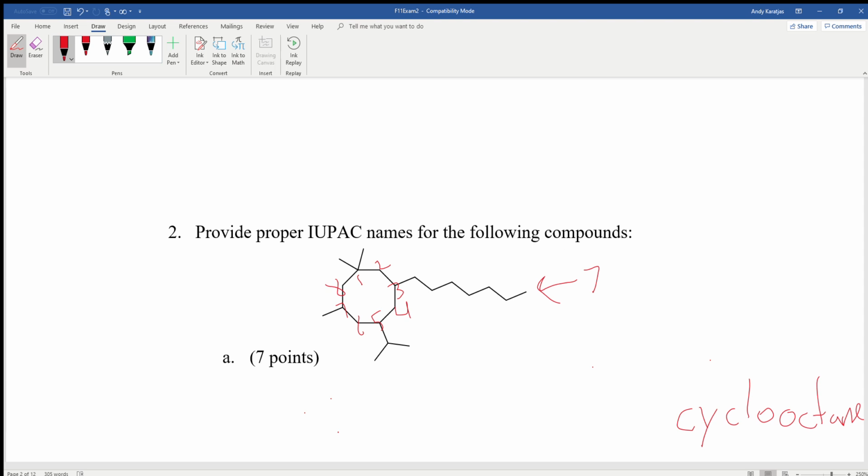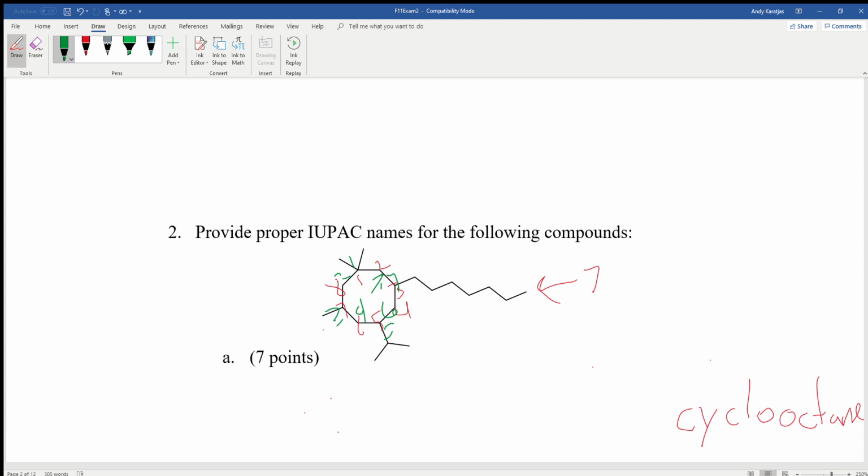And if we switch to another color, we can see that going the other direction gives us substituents at the exact same positions. So what do we choose? Well, in order to break our tie, we have to choose the direction that wins out alphabetically.